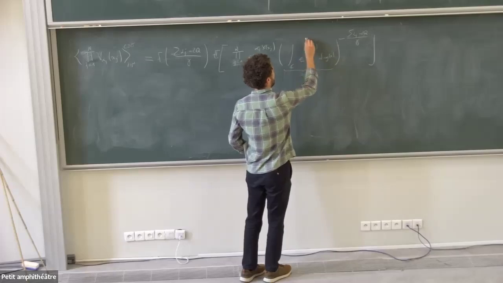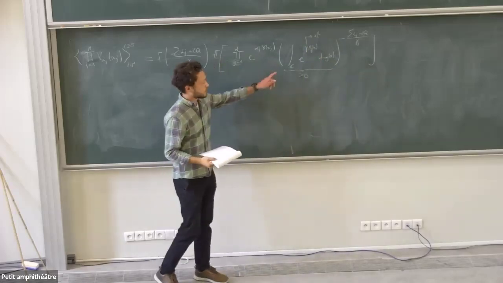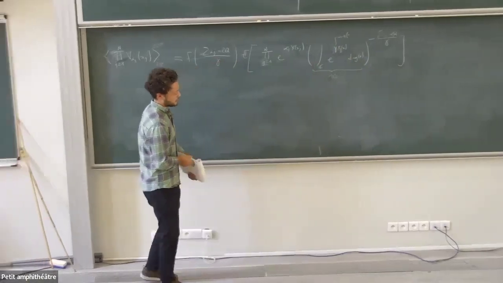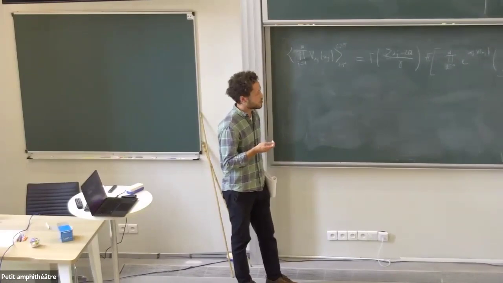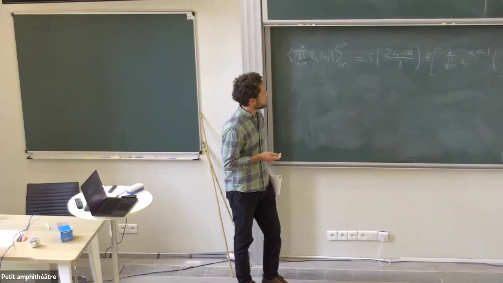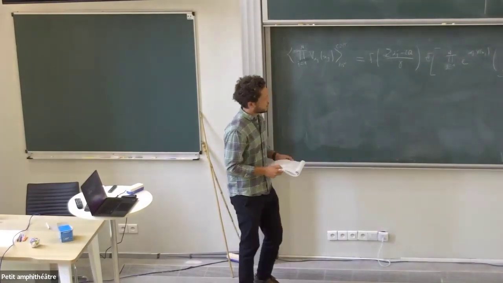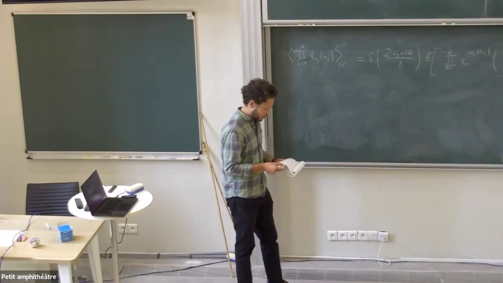So you will have a complex-valued random variable to a power which is real. And then you run into trouble because you have a choice of branch which you don't have under control. So that's basically one of the problems happening at the level of the analytic continuation.